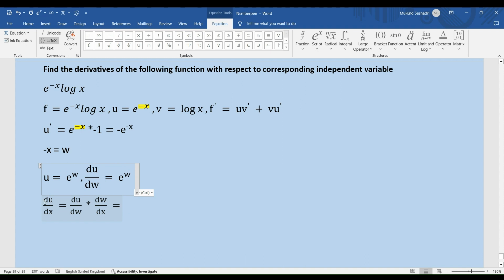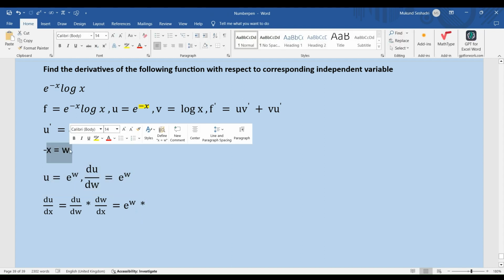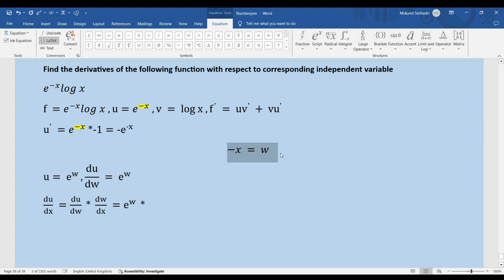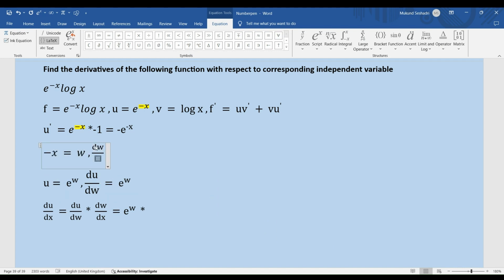So, which means I'm coming back to the du by dx expression, which is my u dashed with respect to x, is du by dw, which is again e to the power w, into dw by dx, which is, I go back to this expression where I've done the substitution minus x equals w, right? So let me figure out what is my dw by dx. dw by dx equals minus 1.